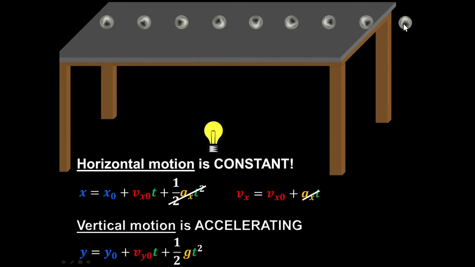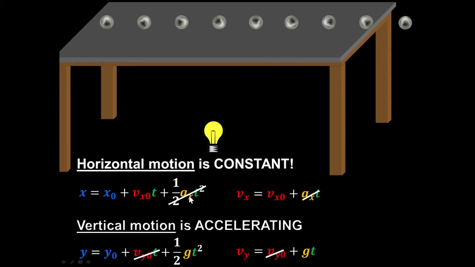So I held it there, so it didn't have any initial velocity. It wasn't thrown up or thrown down. The initial velocity in the y direction was 0, but it is accelerating, so that term is still going to be there. This equation here, it is accelerating, but again, it didn't have any initial velocity.